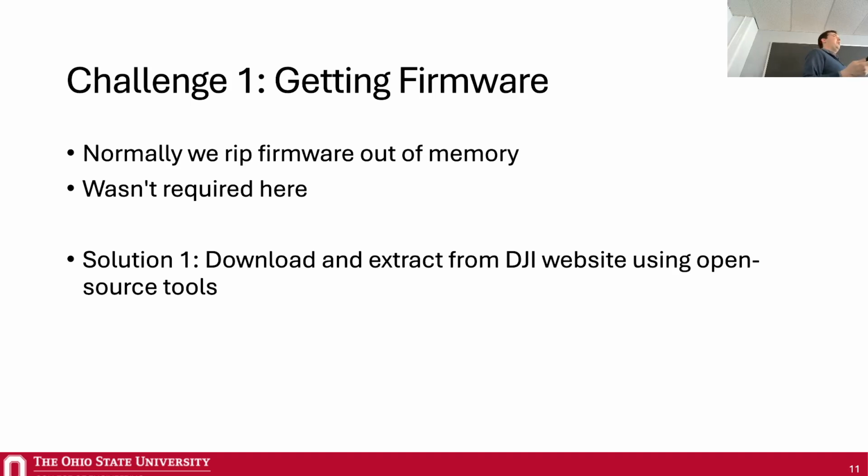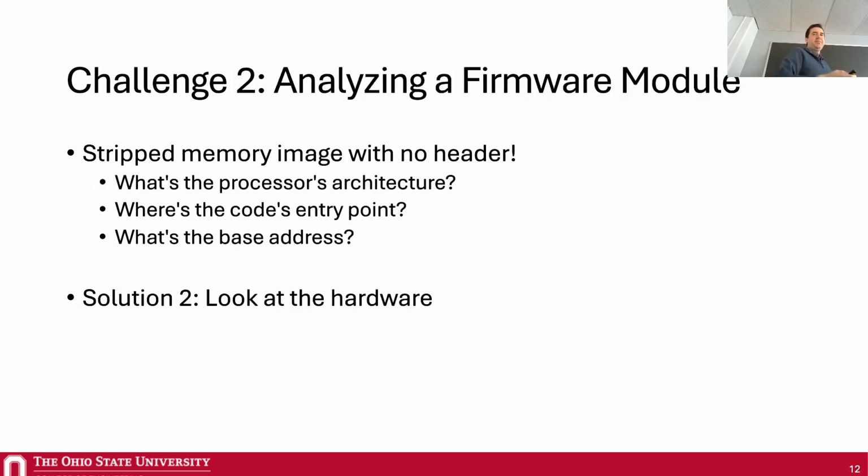So there was actually already a lot of information online for how to unpack this firmware update and basically get each of the individual firmwares and the kind of metadata that tells you which binary blob goes onto which processor. So this one we kind of lucked out on.